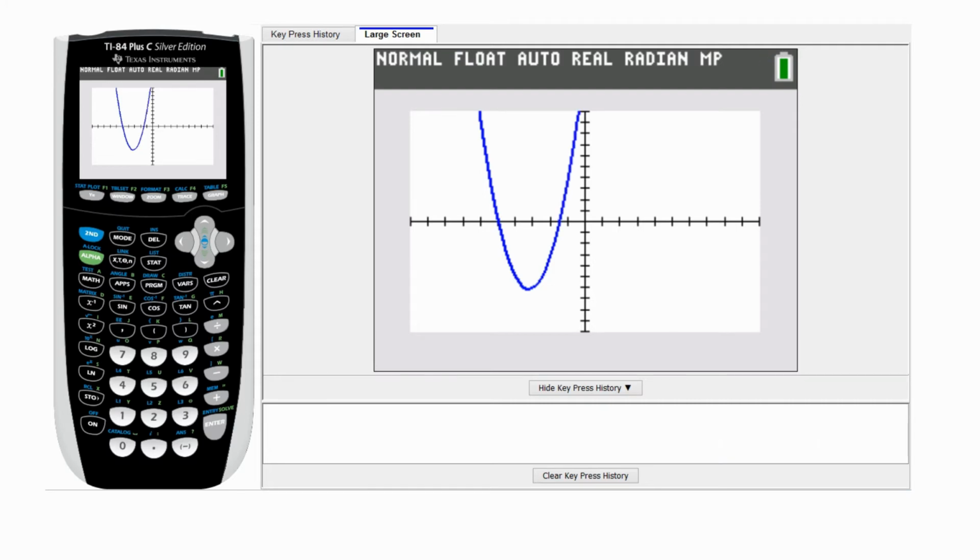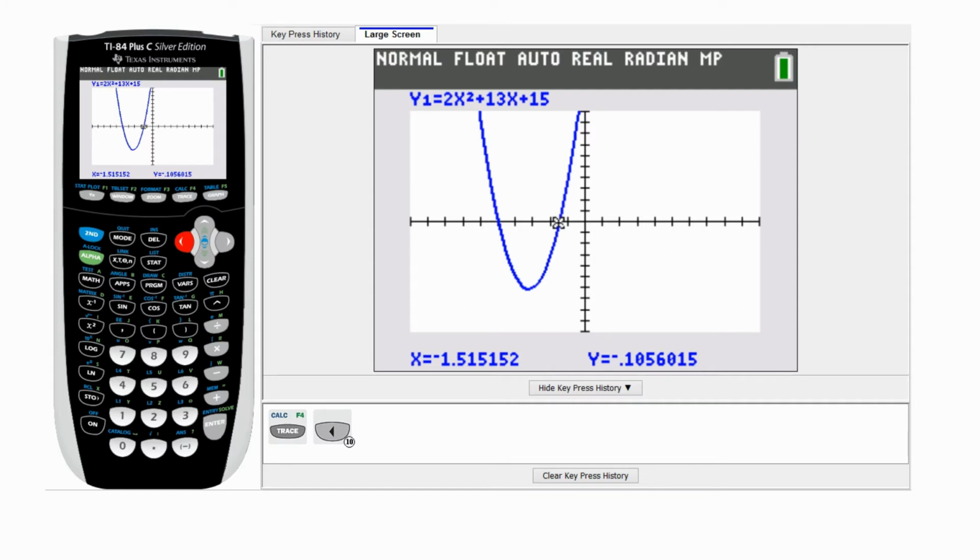Now that I have my graph, one of the options I have is I can use trace. I start with my y-intercept, which is 0, y equals 15. I can use my left arrow to move the trace. So here I get negative 1.5.